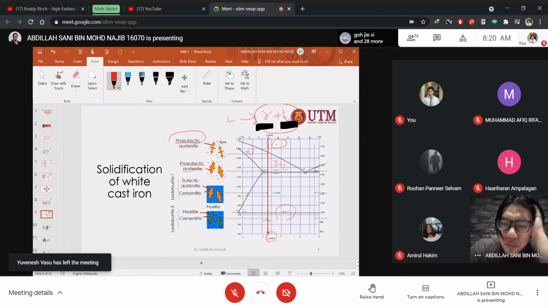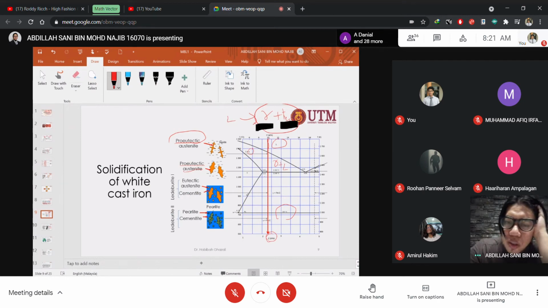So when we go beyond this temperature, the existing austenite will change into ferrite and cementite in lamellar form, so we call it pearlite as usual. So you have the pearlite surrounded by the cementite.